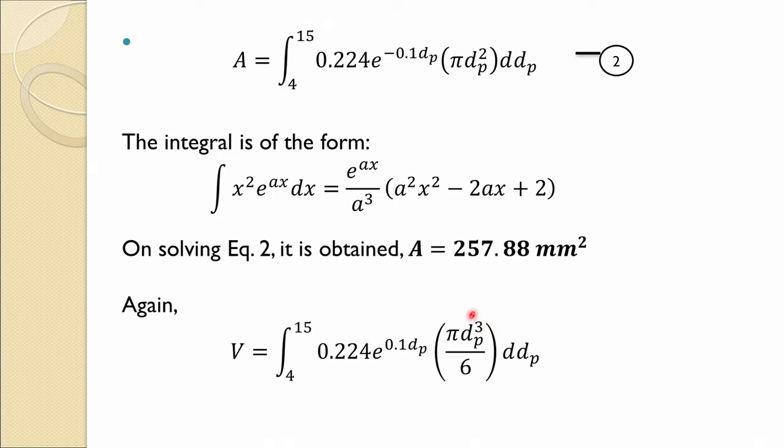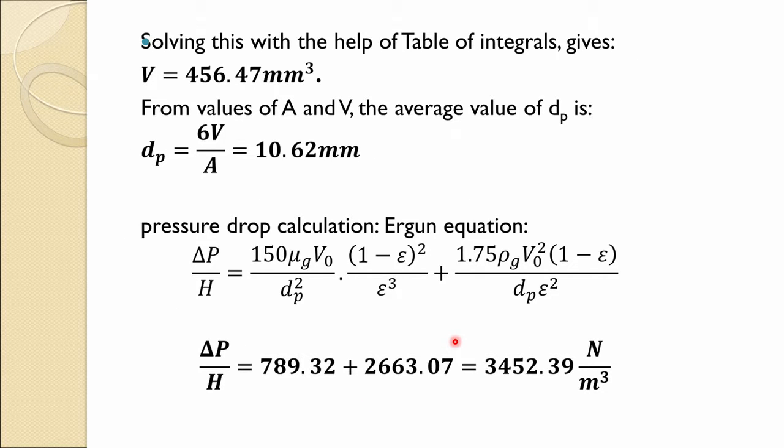4 by 3 pi r cube is the volume, and if you integrate within that limit again, then in this one you have to use the table of integrals, and you can get the volume of about 456 millimeter cube.